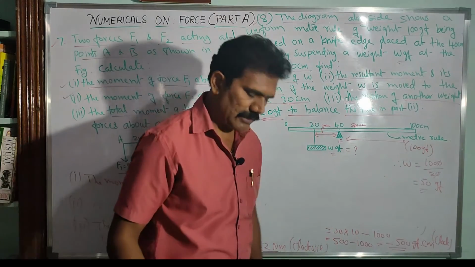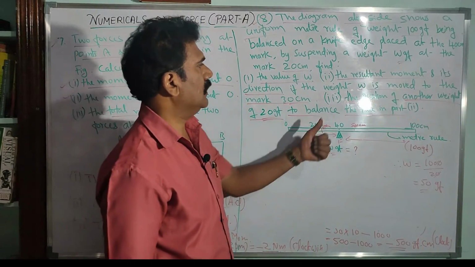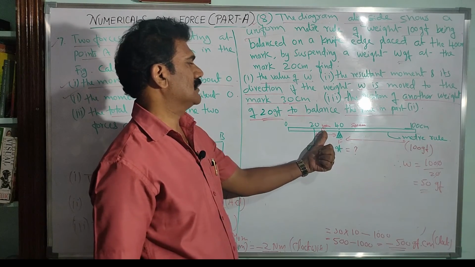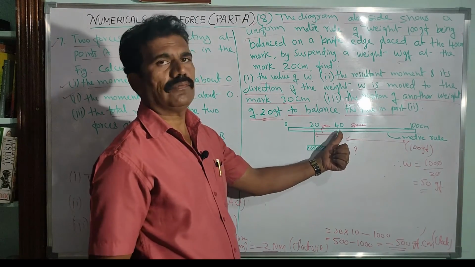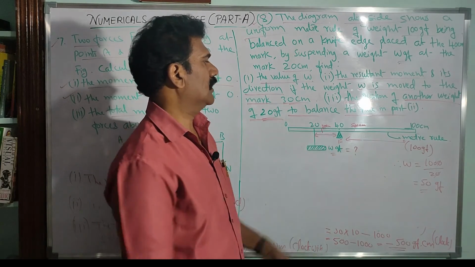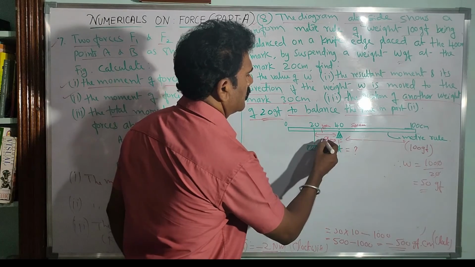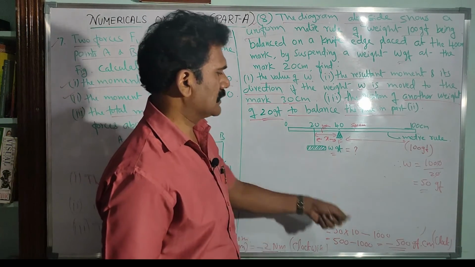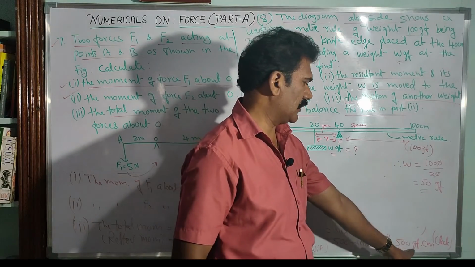So that should be balanced by putting some more weight, that is 20 GF, but where should it be placed? It is at the left side of the fulcrum only. That is the unknown value. You have to calculate that unknown X, where we have to place the 20 GF, to balance the resultant moment, that is 500 GF.